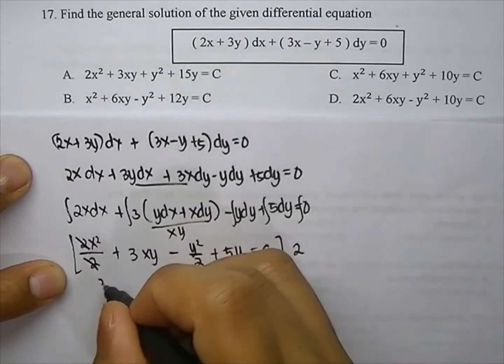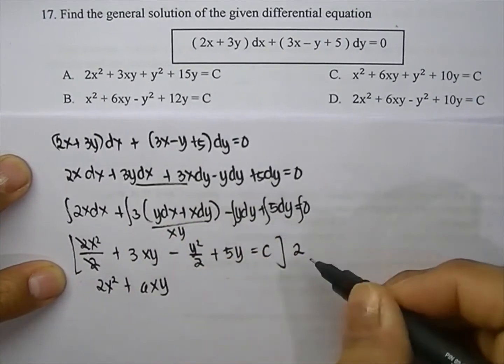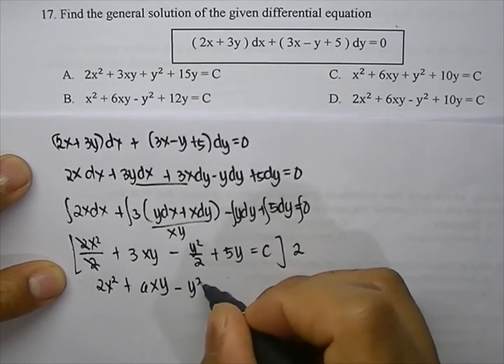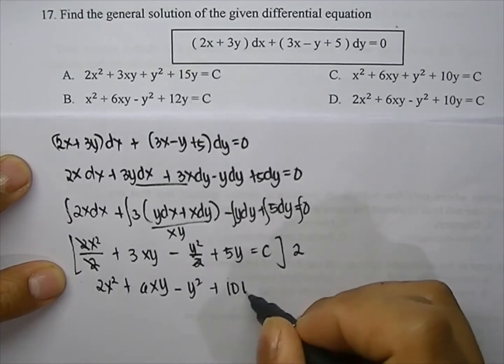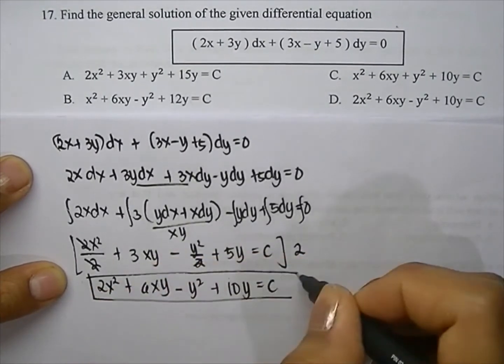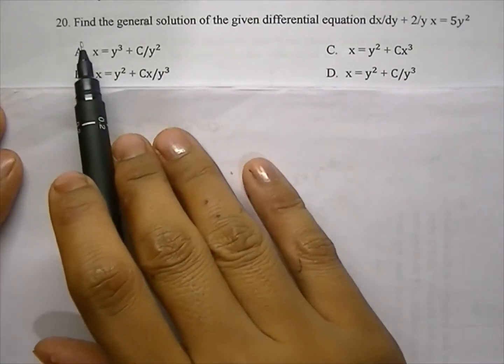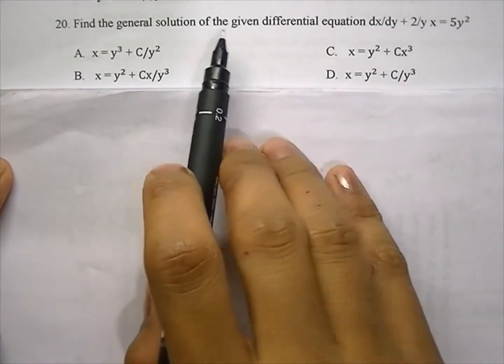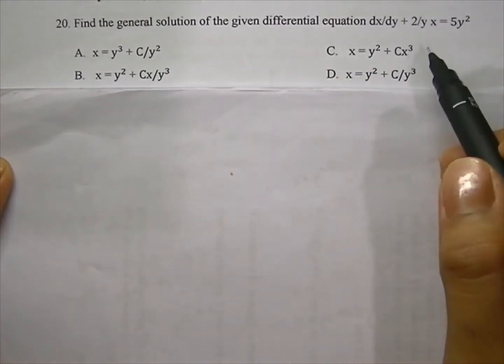We have 2x squared + 6xy − y squared + 10y equals c. So we have letter D.